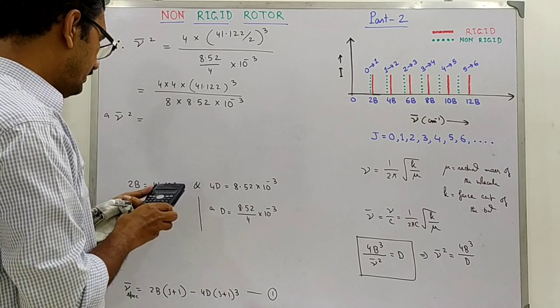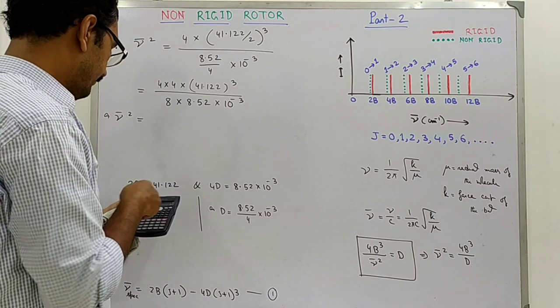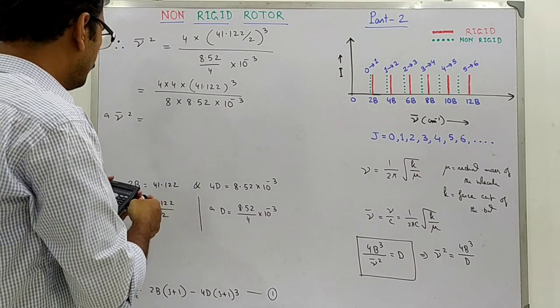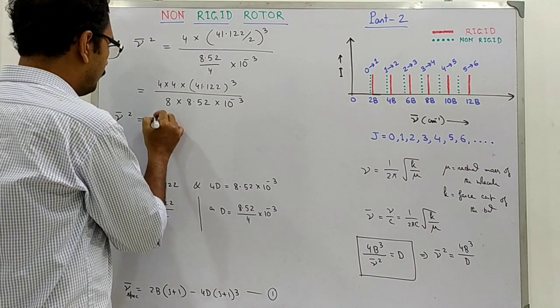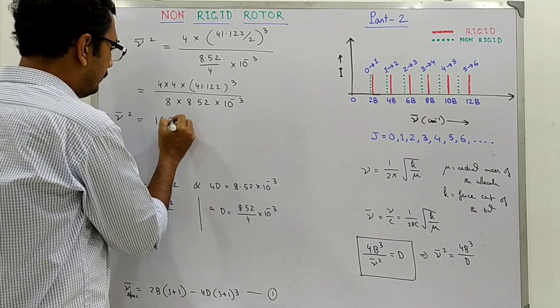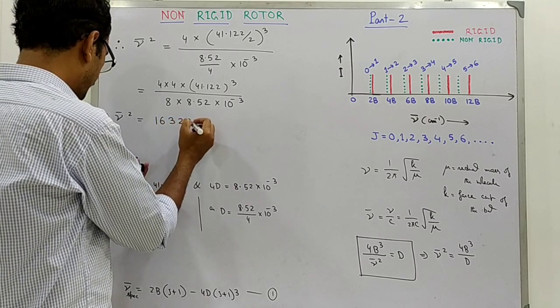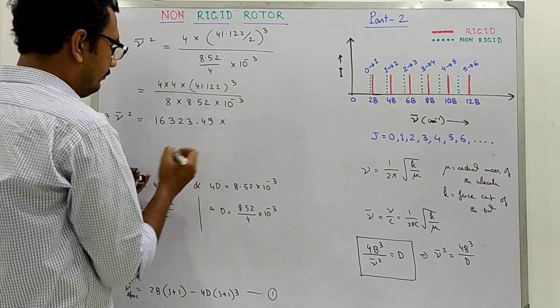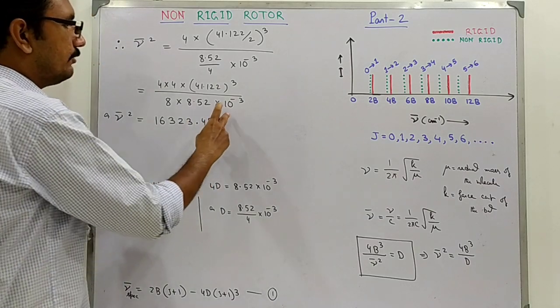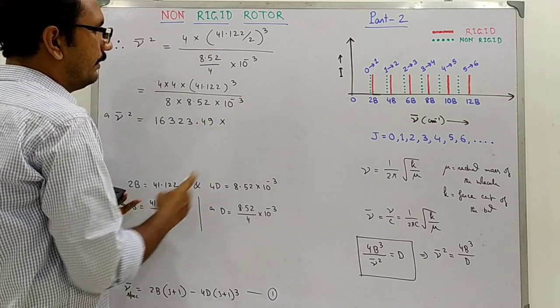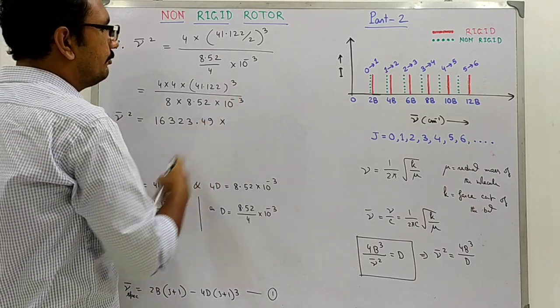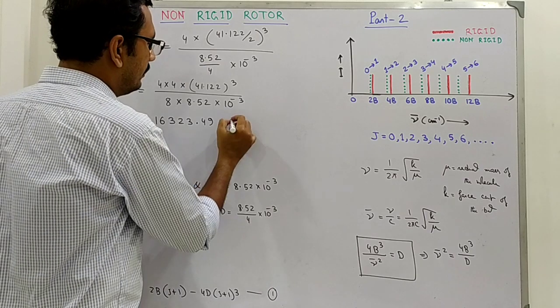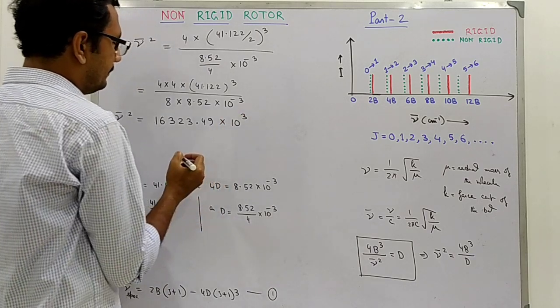So, it is 16323.49 into, now do not put this 10 to the power minus 3 in the calculator, we take this to the numerator. So, it will be 10 to the power 3 here.